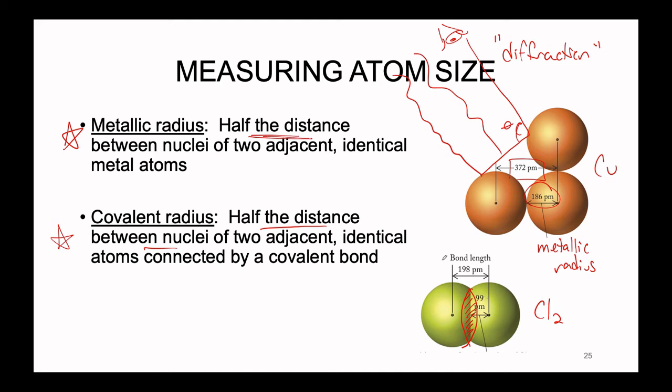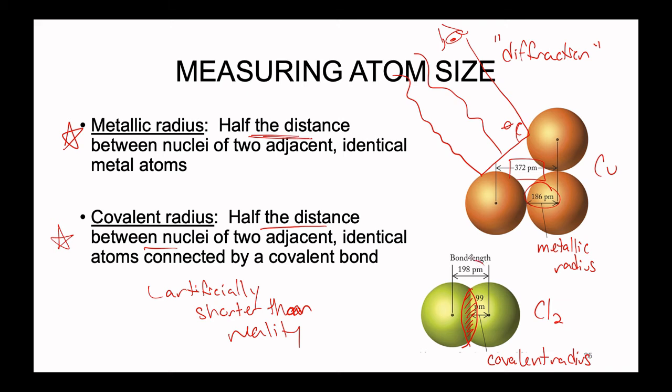What this means is that our covalent radius, which is measured right here, is actually going to be artificially shorter than reality.